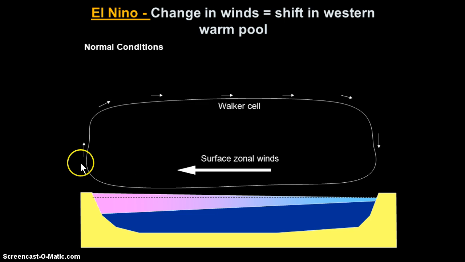They set up a warm, humid atmosphere on the western side of the ocean basin, which is Southeast Asia, and this cool, drier system on the eastern boundary of the ocean basin, and this is Central and Latin America.